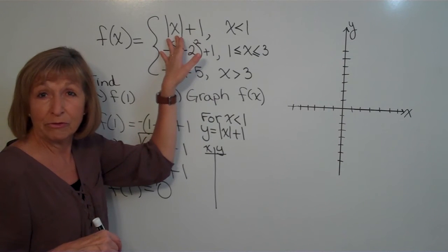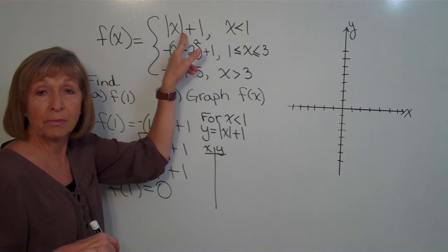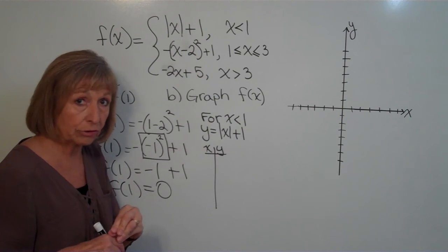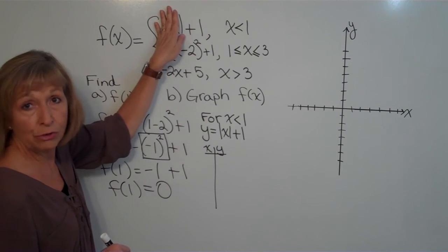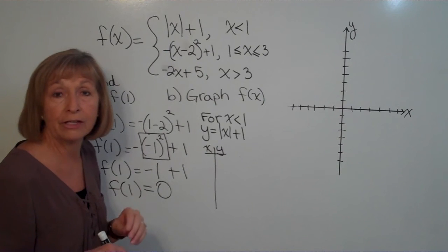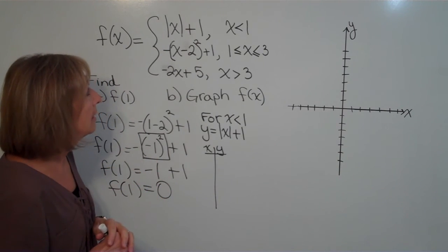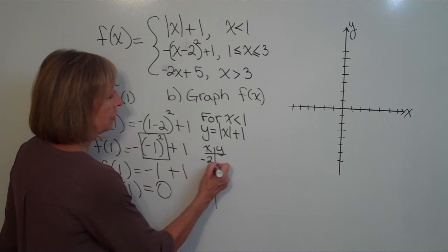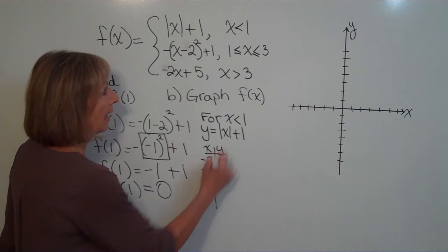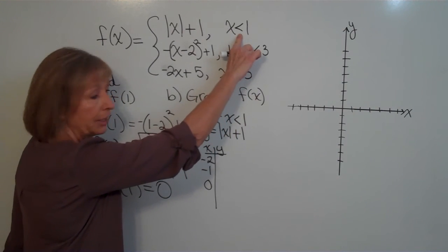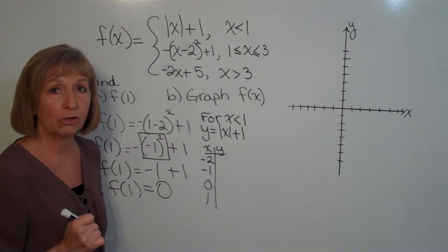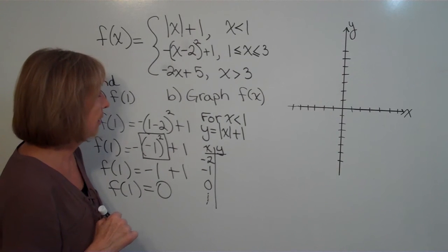Since it's just the absolute value of x without any plus or minus inside the absolute value, I don't have a horizontal shift, but I do have a plus 1 after the absolute value, so I do have a vertical shift. So when I plug in some values, I probably want to go like negative 2, negative 1, 0, and this doesn't have the or equal to, so I'm going to put the 1 in dashed to make sure I remember to do the open circle there.